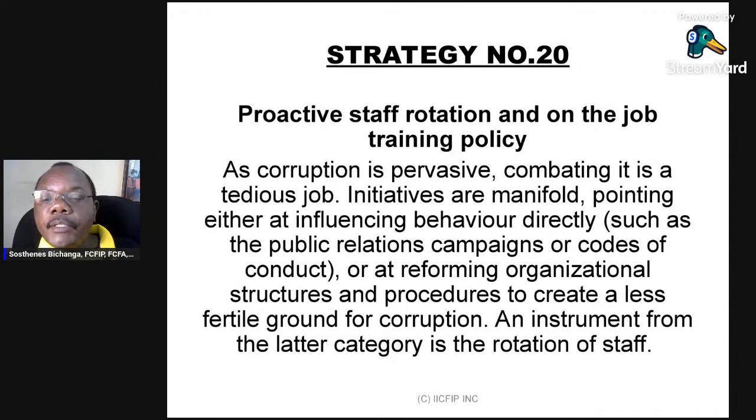Number two, bribes may be less attractive if the public officials know that they are going to be rotated anytime.